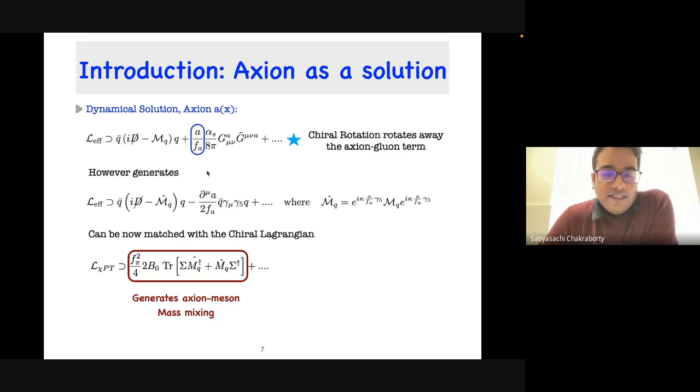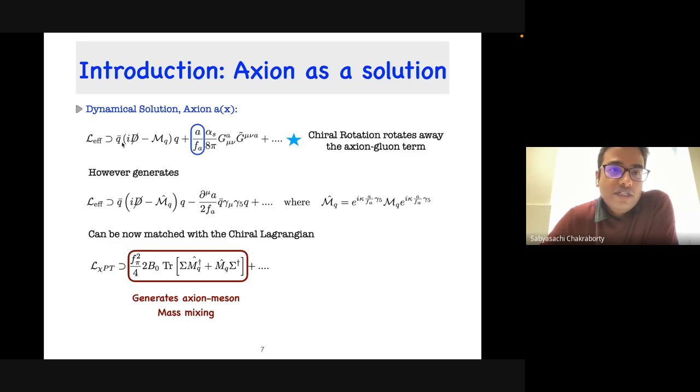Now, just as I said in the beginning, you can do a chiral rotation again to rotate away the G G dual term, but then you pick up different terms. If I rotate away this G G dual by doing a chiral rotation on the quark field, I generate a derivative coupling of axion and quarks, and also the mass matrix changes.